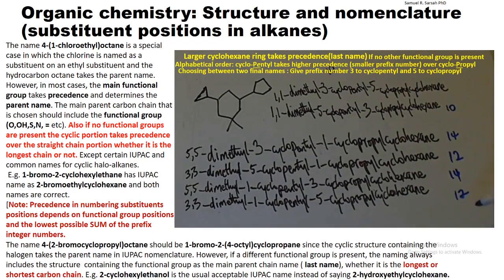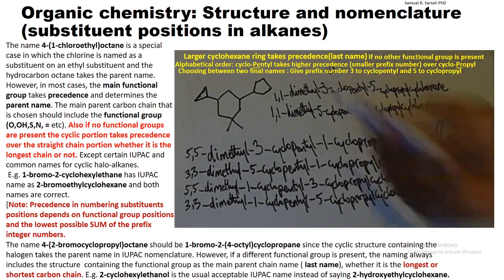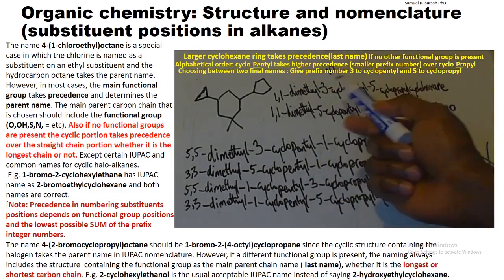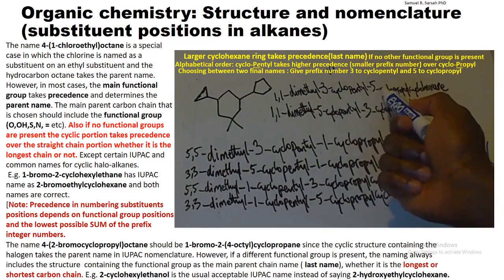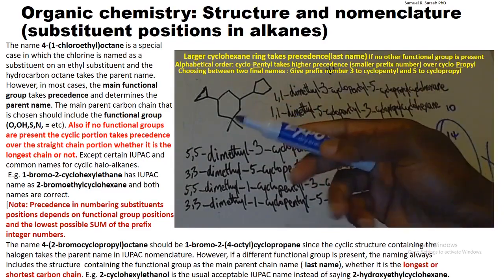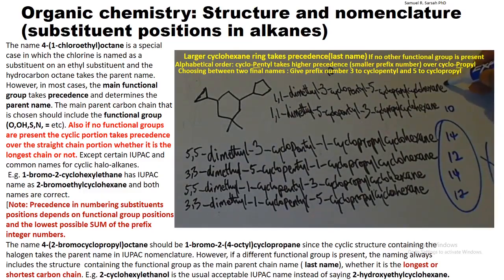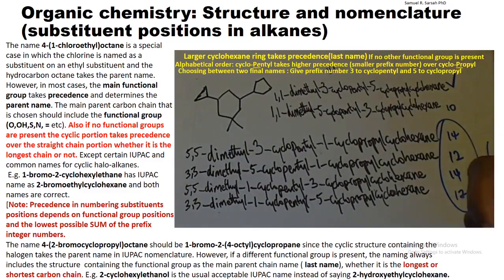Okay, so we're going to rule out all of these and concentrate on these 2 right here. This is more preferable because 3 comes before 5. So we're going to choose this as our answer.